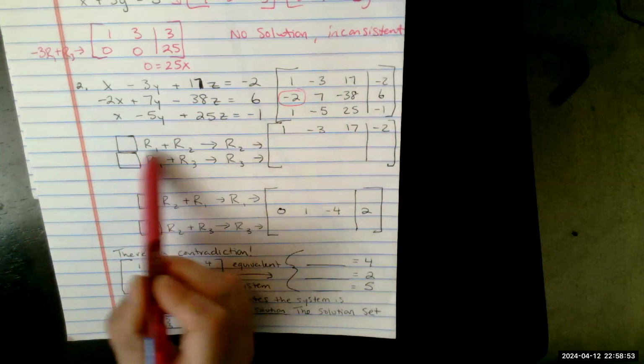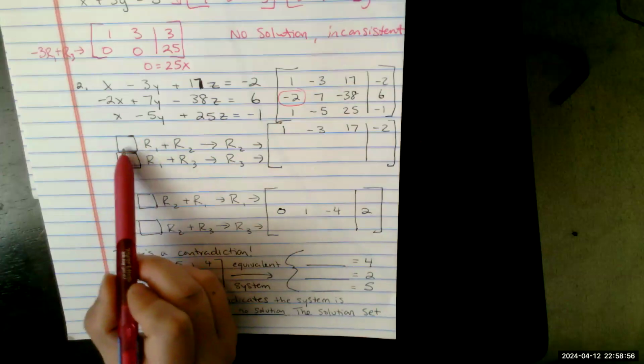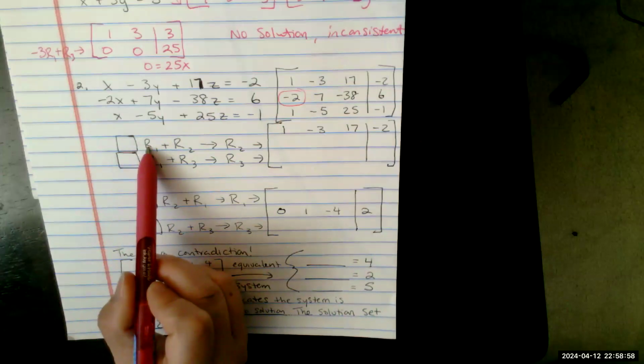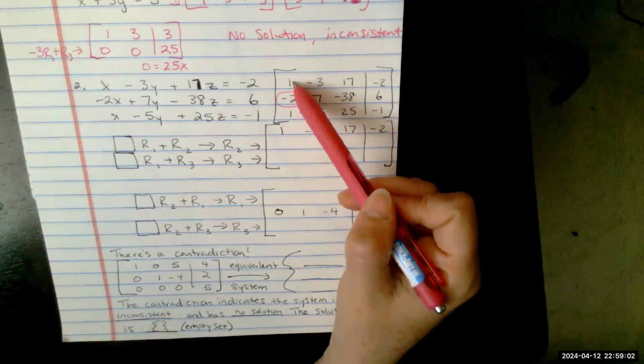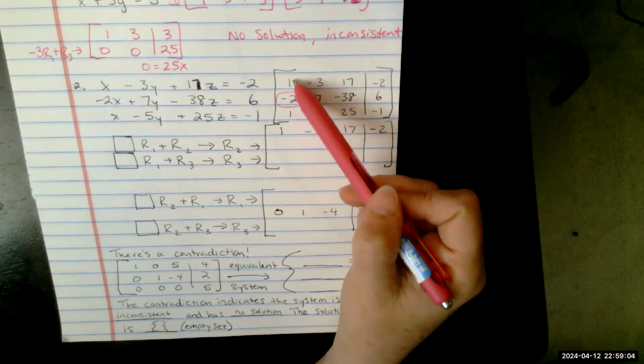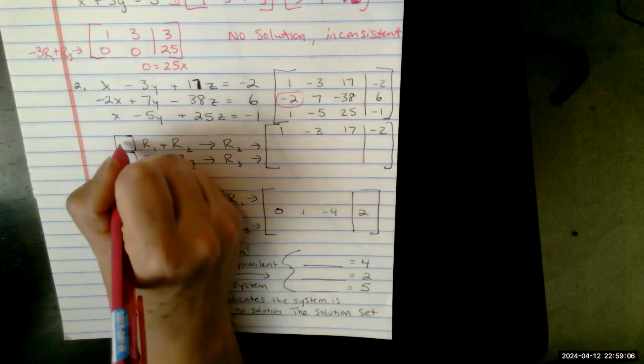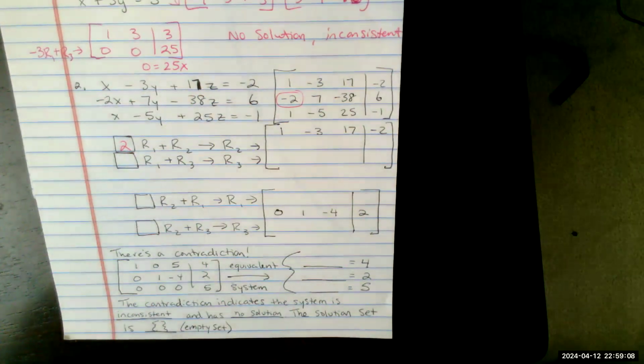Well, they're kind of pointing it out here. They're saying you could multiply R1 by something and add it to R2. So what would I have to multiply this by to add it to R2 and get a 0? Positive 2.